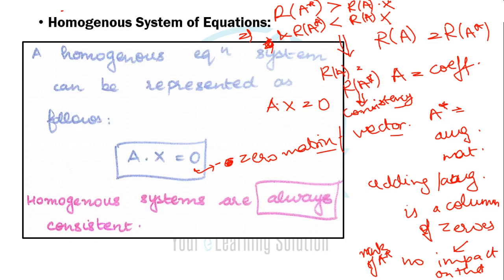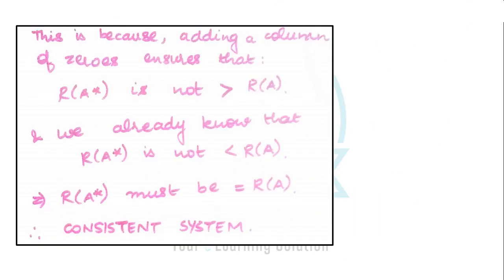If you've been able to follow the argument in this horrible script, great. Otherwise, this is what I'm saying. The point is that when you're adding a column of zeros, it ensures that rank of A star is not greater than rank of A, right?